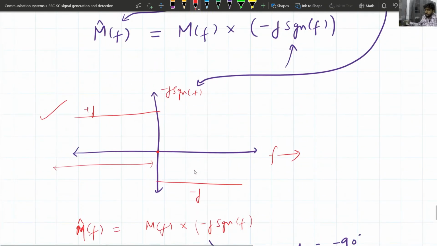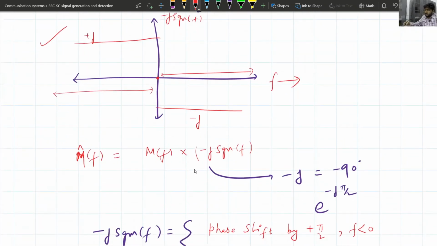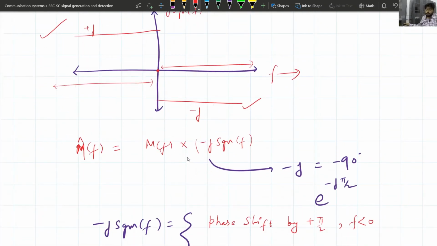Also, for f greater than 0, on this side of the horizontal axis, the phase shift is minus pi by 2.